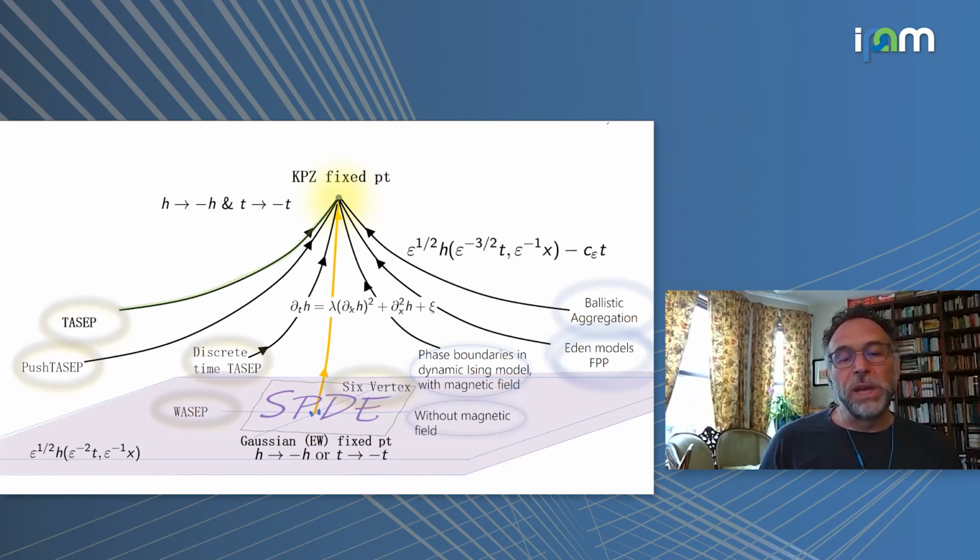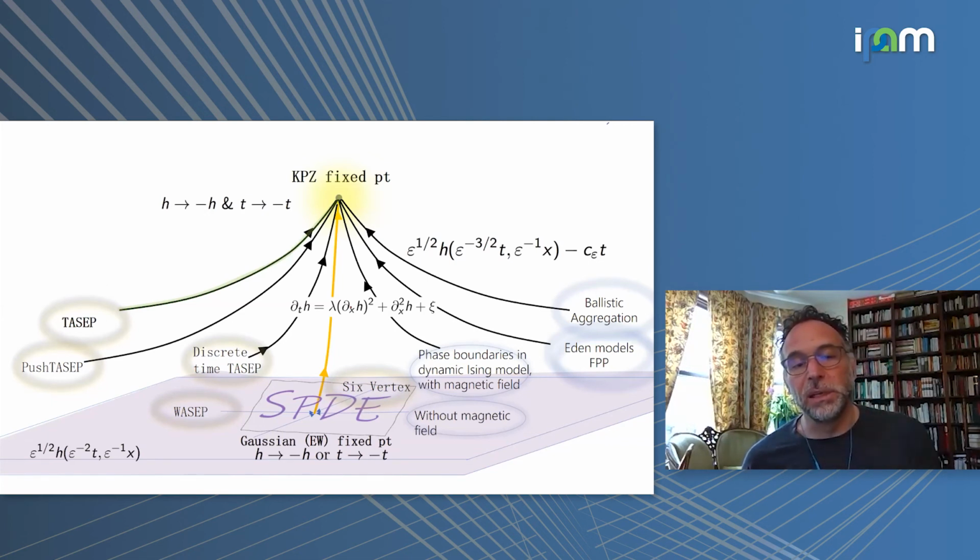So for example, the weakly asymmetric simple exclusion process, where the asymmetry is taken to be very small so that you steer the model close to the Edwards-Wilkinson fixed point so that it converges actually to the KPZ equation, because you've held the nonlinearity to be order 1 in the scaling. And these type of things are well understood now by PDE techniques. Basically, Martin Hairer's machine can prove that for essentially anything.